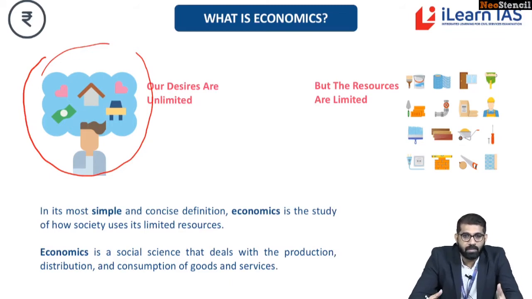I'm not giving any brand name, but you start from a very basic smartphone, then you want a smartphone with a good camera, good performance, good speed. Then ultimately you need the best smartphone in the market. As and when you get different types of smartphones, your desire for the next level smartphone increases.